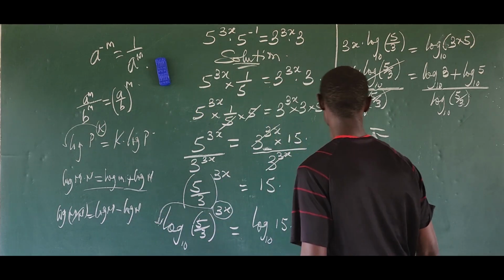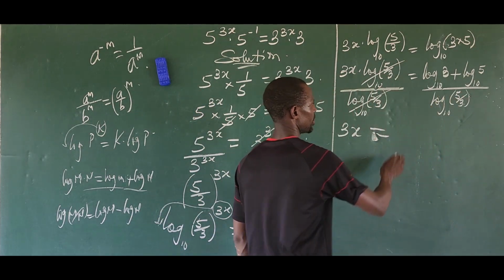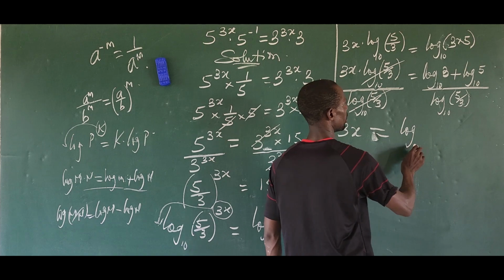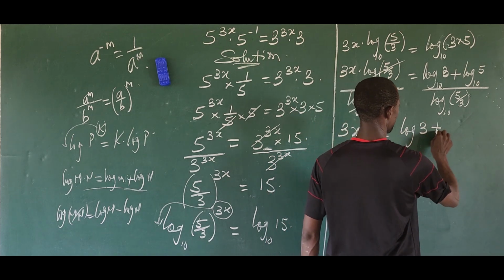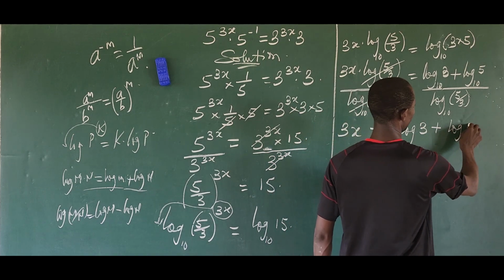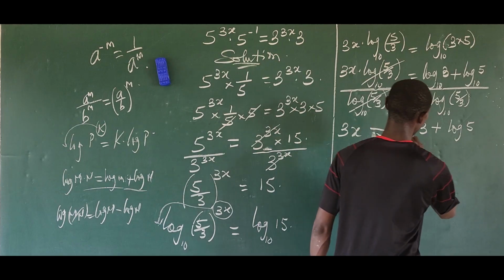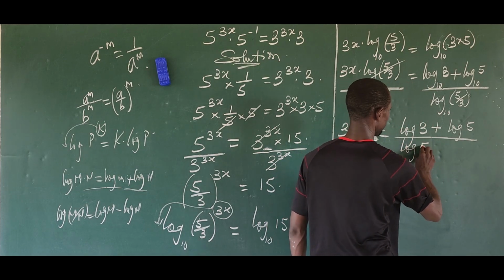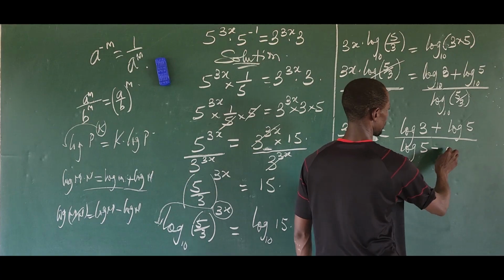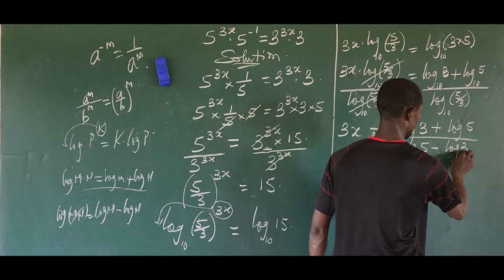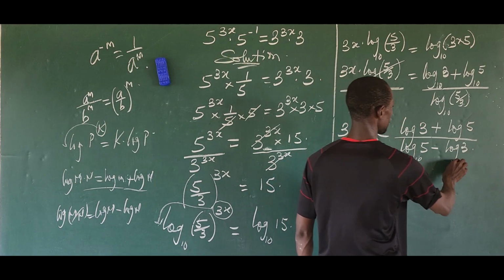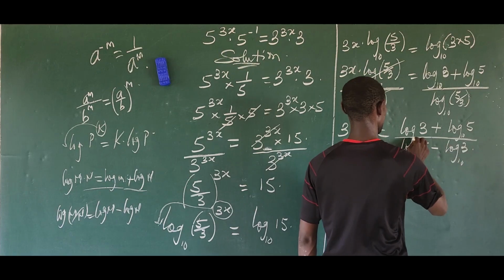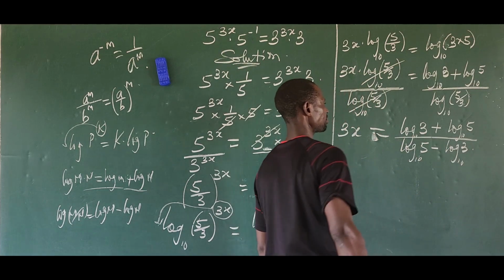Remember this law? Good, so we can apply it here. If we do that, this is going to give us log 3 plus log 5, all over log 5 minus log 3, all in base 10.